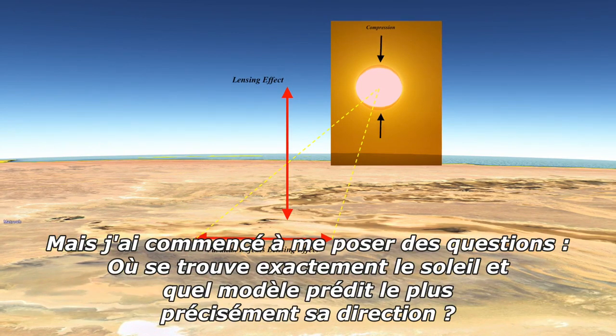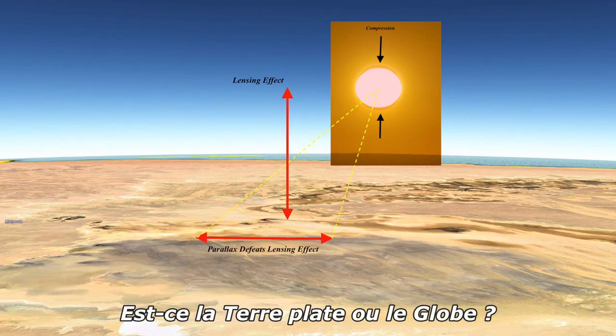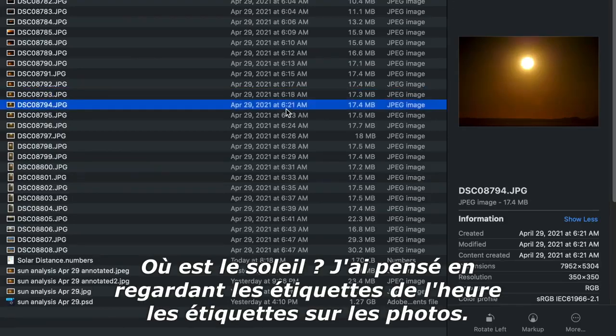But I started wondering, where exactly is the sun? And which model predicts its direction more accurately? Is it the flat Earth or the globe? Where is the sun? I thought.